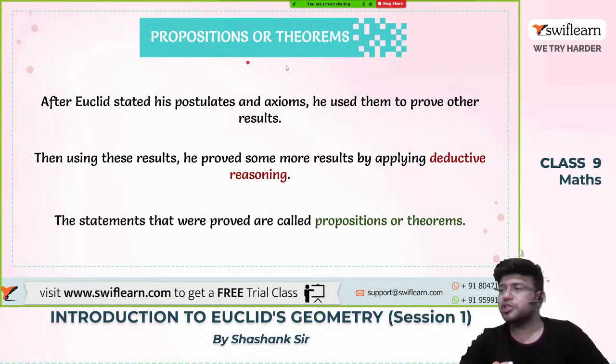Now propositions or theorems, ये है तुम्हारे लिए. Theorem 5.1, theorem this, theorem that, propositions. What are these? See, after Euclid stated his postulates and axioms, he used these axioms and postulates to prove other results.